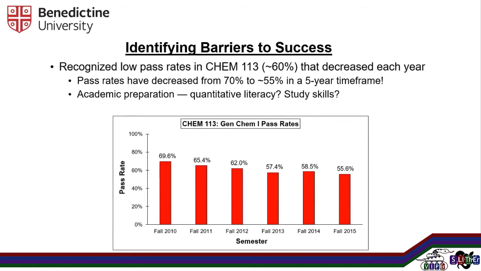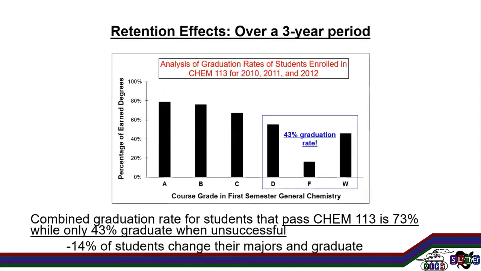And so our hypothesis was that, well, maybe it's some sort of academic preparation. Maybe students more and more were not ready for college. They didn't have the necessary quantitative literacy. Maybe they didn't have study skills. I mean, it's really important in college to have study skills. So we dug deep into this issue with historical data.